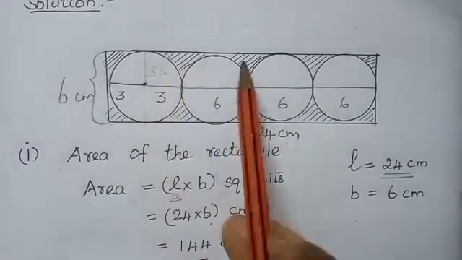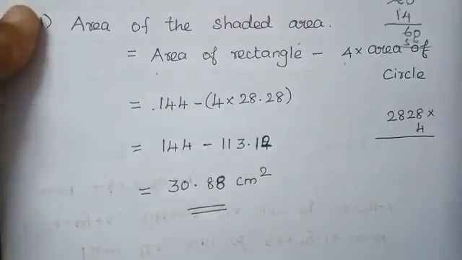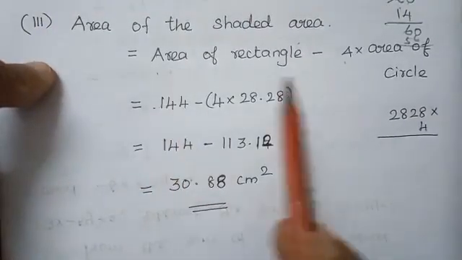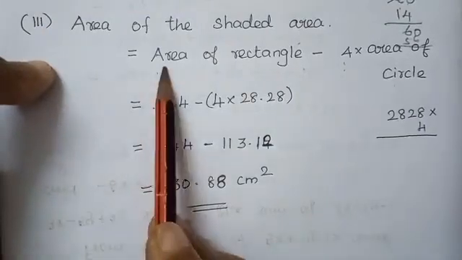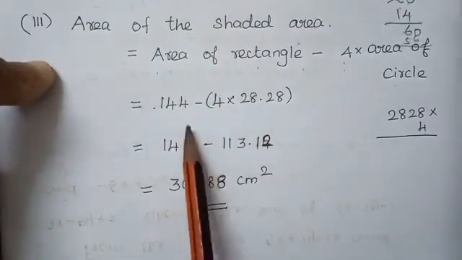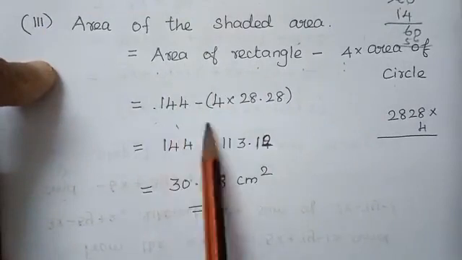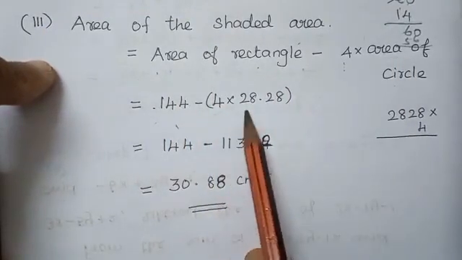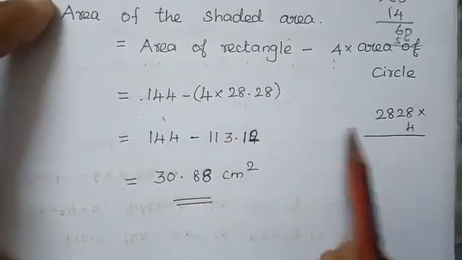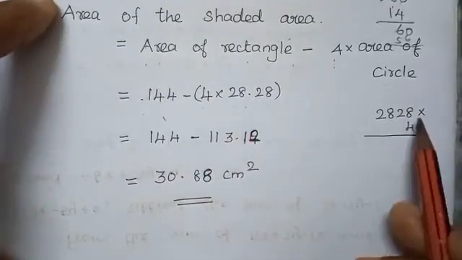Then we get area of the shaded portion. Area of rectangle already we found. So that is 144. And 4 into area of circle.